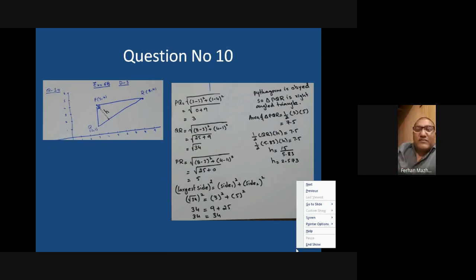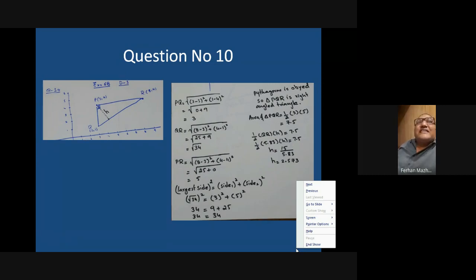The Pythagoras theorem is: hypotenuse square equals perpendicular square plus base square. You must have studied the Pythagoras theorem in your 8th class. So this triangle is a right angle triangle.